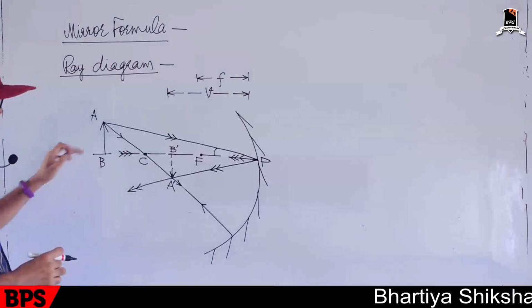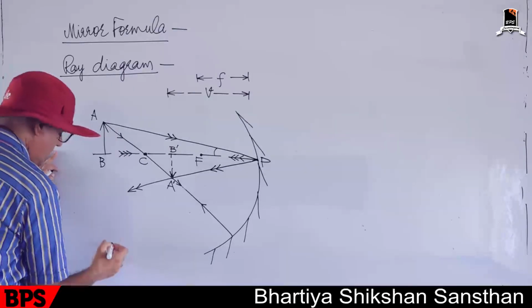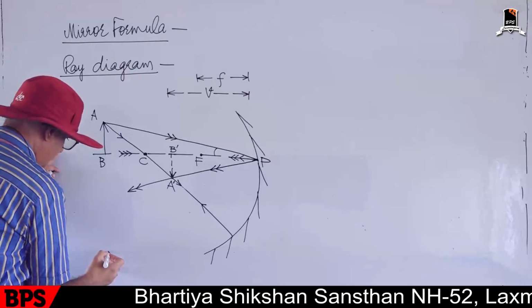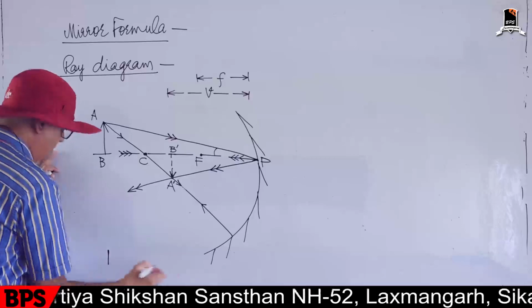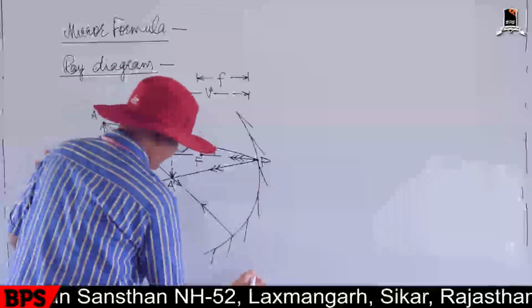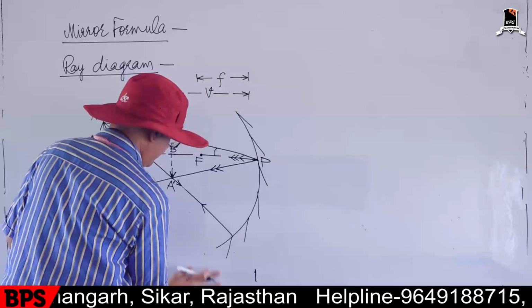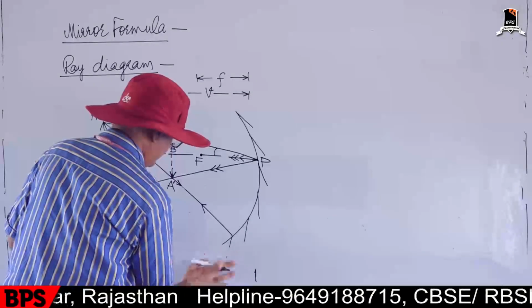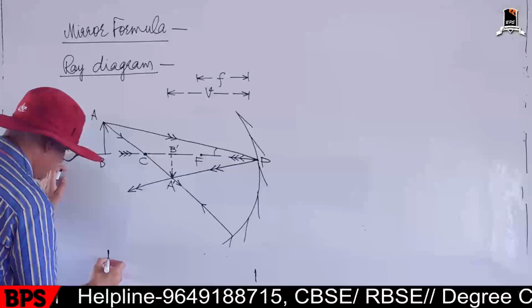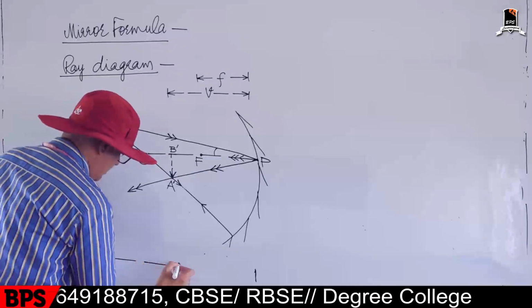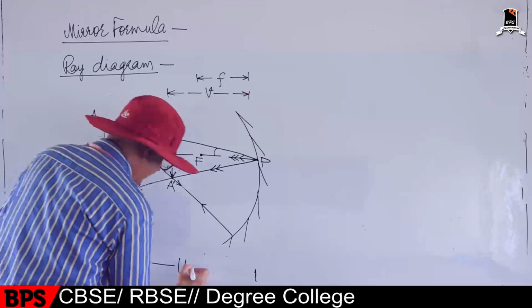And this distance B to pole point P, call this u, object distance.